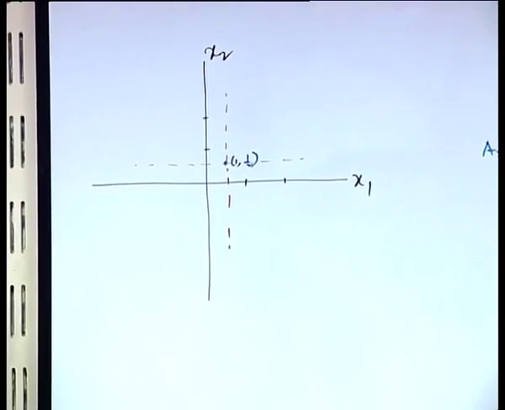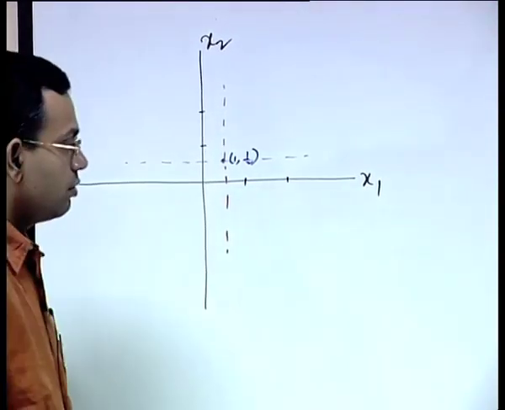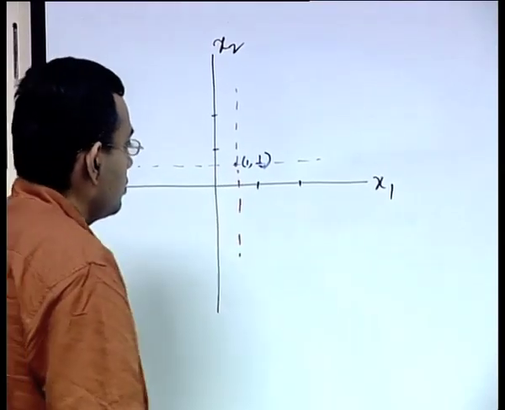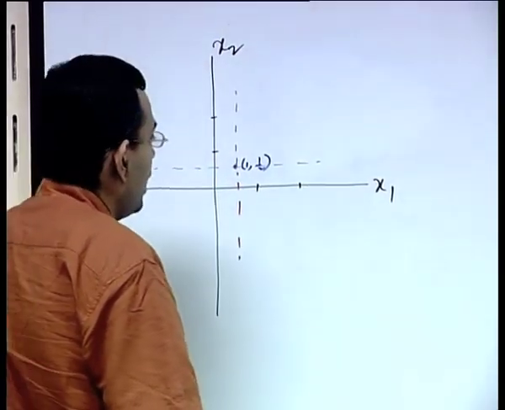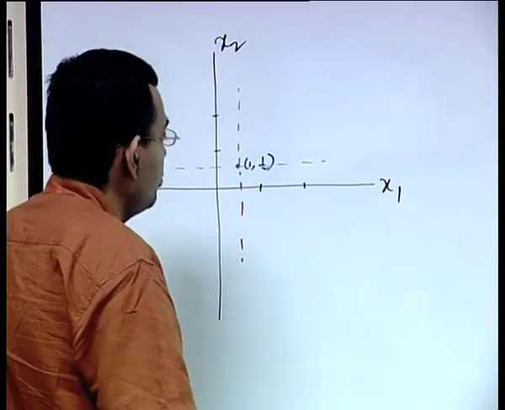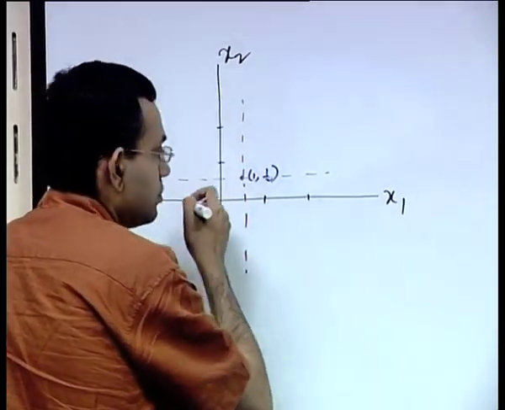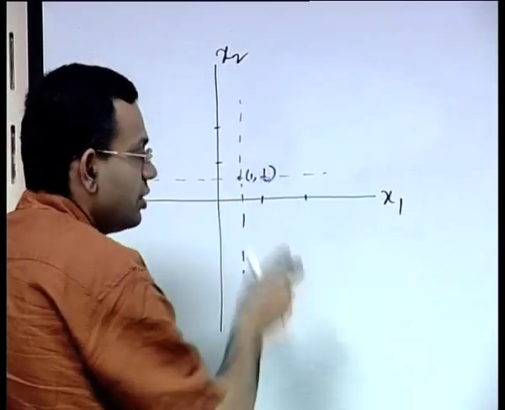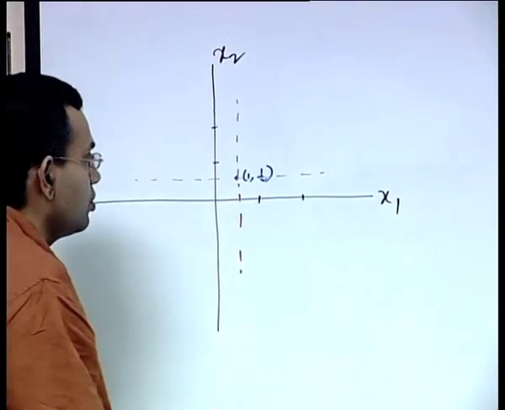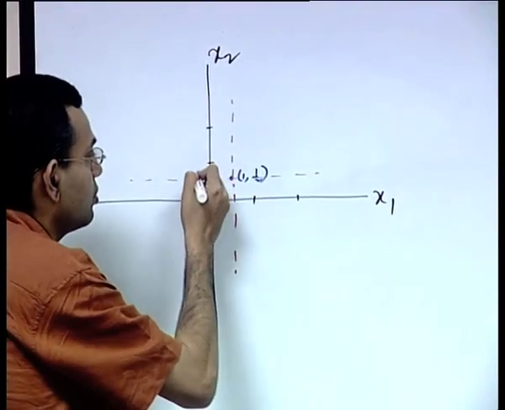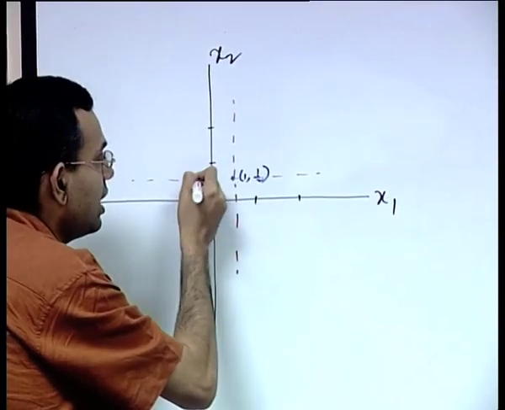Okay. So, x1 minus 1 by root 3 by 2. So, a is root 3 by 2. So, maybe some distance like this.